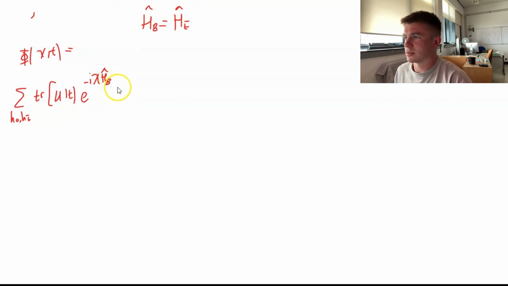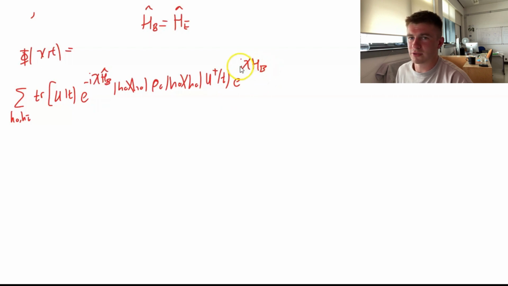And then we've still got these projectors. We've still got the initial state, and we've still got the projectors again. And then we have the other part of the unitary dynamics. And then we have the exponential with the bath Hamiltonian again, except now we've got a positive sign.